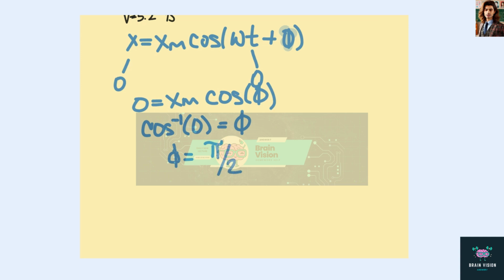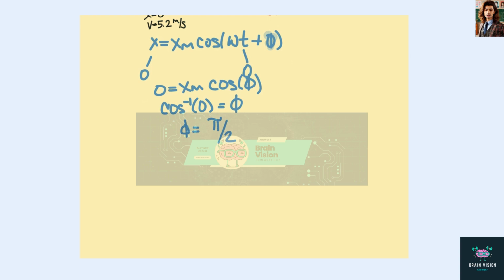Now that we have phi, we can use the velocity equation, where velocity equals omega times amplitude times sine of omega t plus phi. Velocity we have is 5.2 meters per second.